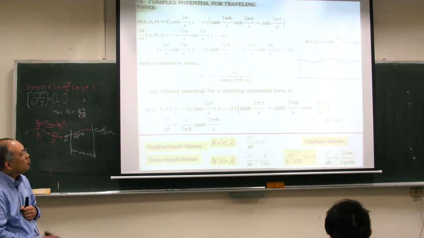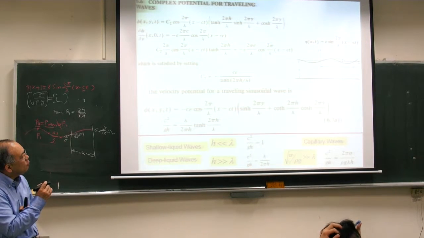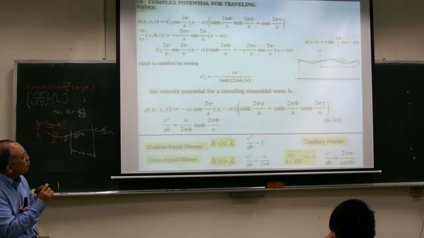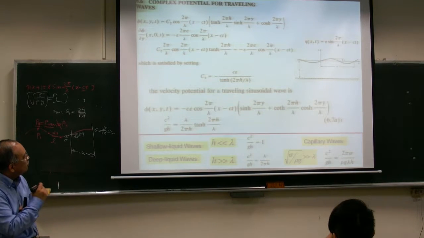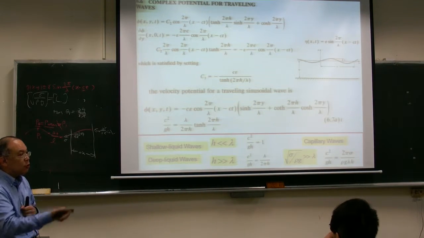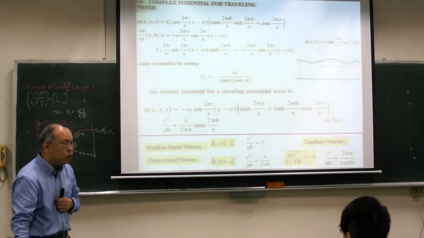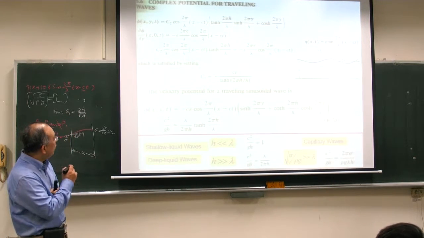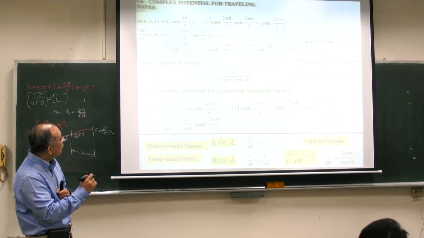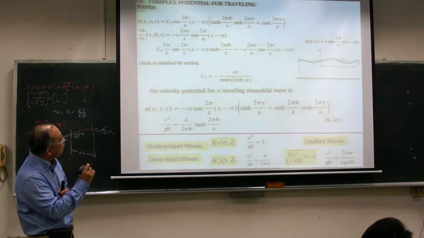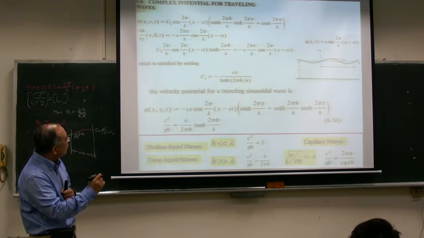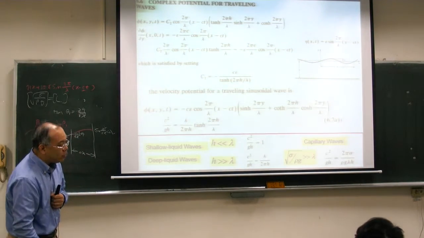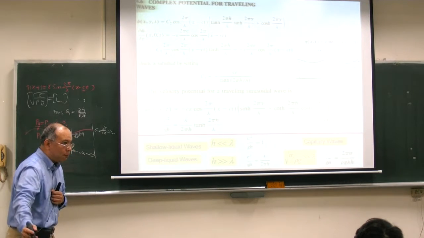OK, so this is a traveling wave with a sine form on the surface. When you have this traveling wave, the velocity potential of the flow field below can be written like this, so knowing the velocity potential means knowing the flow field, because U is equal to partial phi partial x, and V is equal to partial phi partial y.